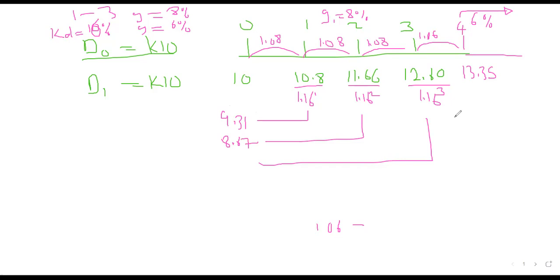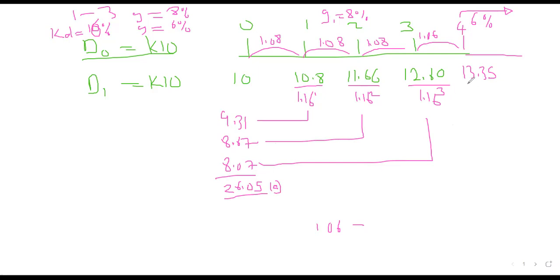What do we get? 8.07. Are we together so far? So the value of stock for the first 3 years, we're going to get 26.05. So this is part A.